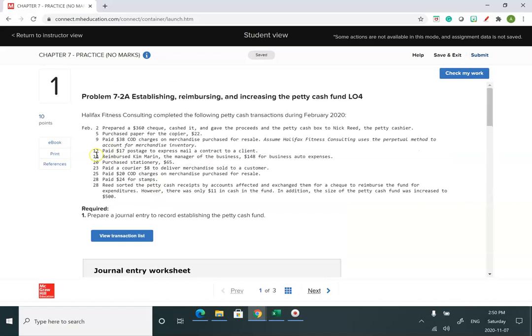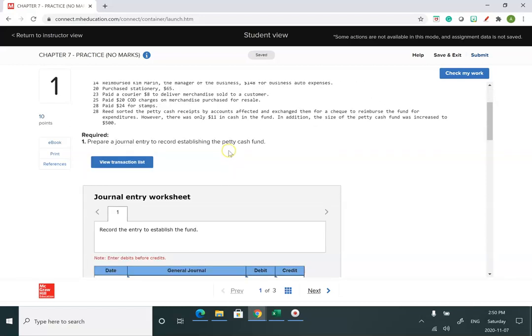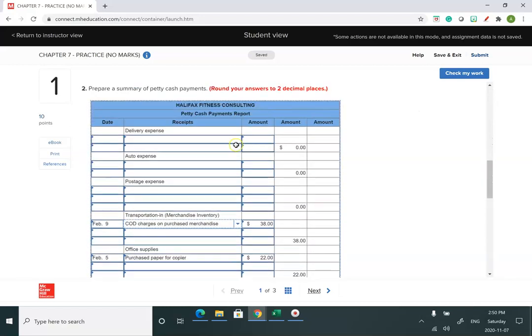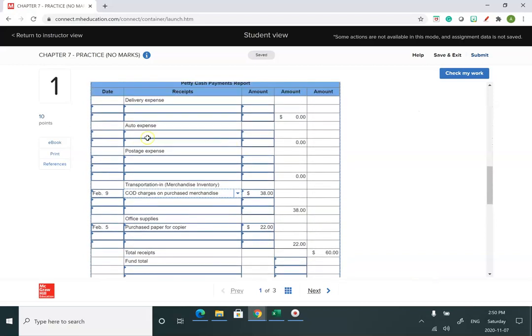Now on the 12th, I paid $17 postage to express mail a contract to a client. So I probably have a postage expense account, which is right here. So again, I'll do February 12th, express delivery of contract. I'm just really writing down a little memo for what it's for.